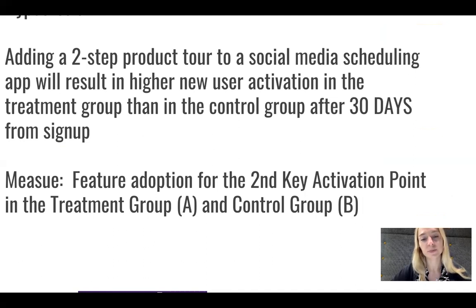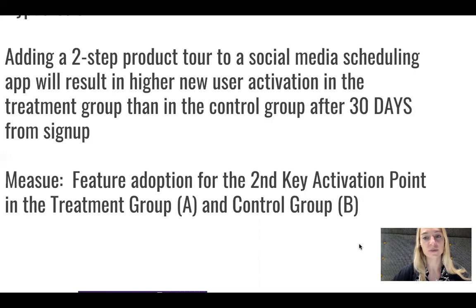And how are we going to measure it? We are going to measure feature adoption for the two key activation points in treatment group A and control group B. The two key activation points here will be adding social media accounts to the app and scheduling the first post.